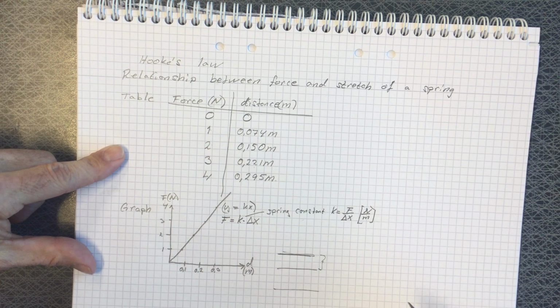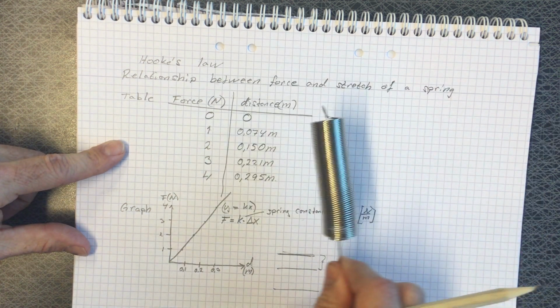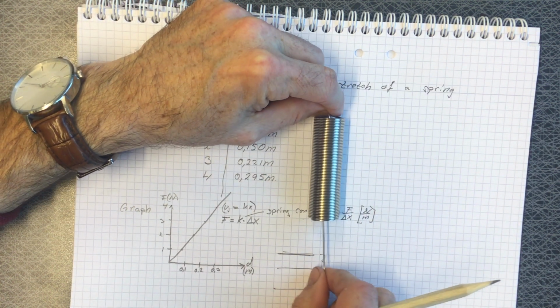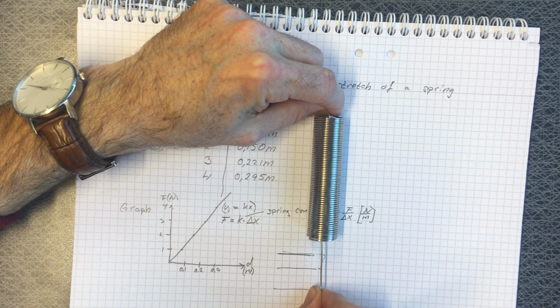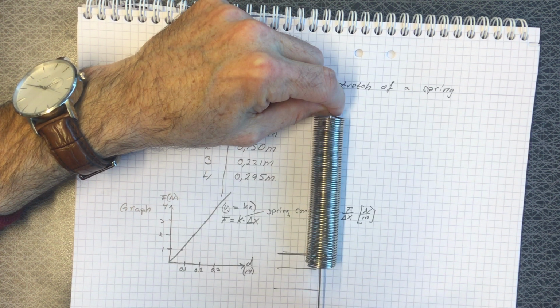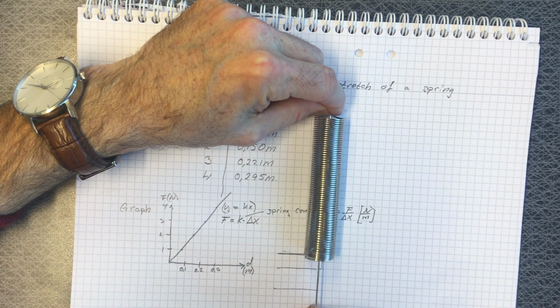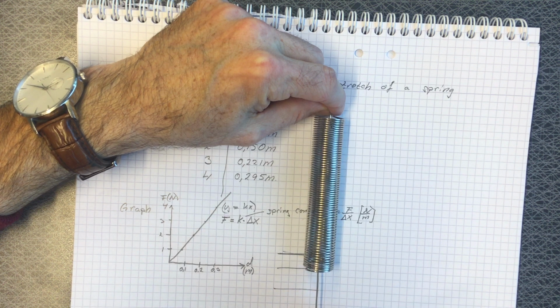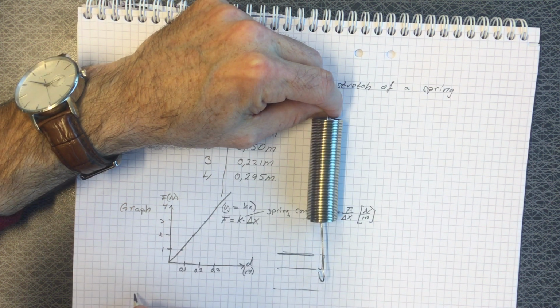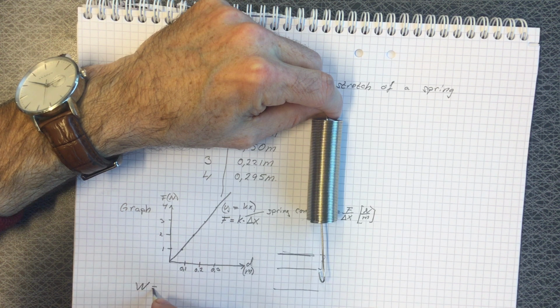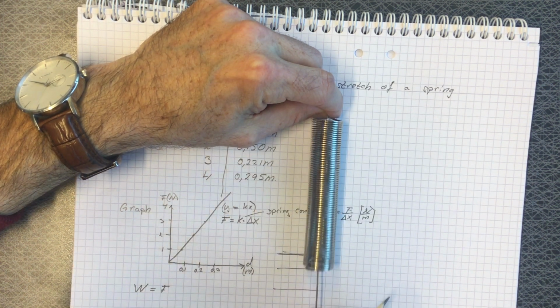Now, if I have a spring and I pull it, I use a force on it like this, I'm doing a work because I use a force and a distance. So you already know that work is a force multiplied with the distance.